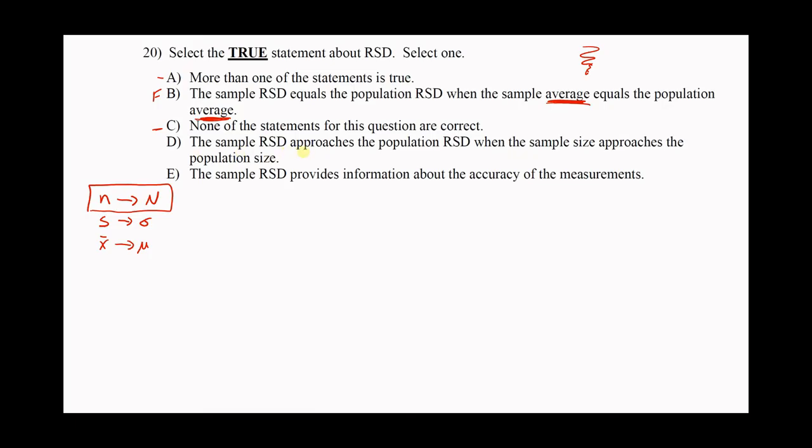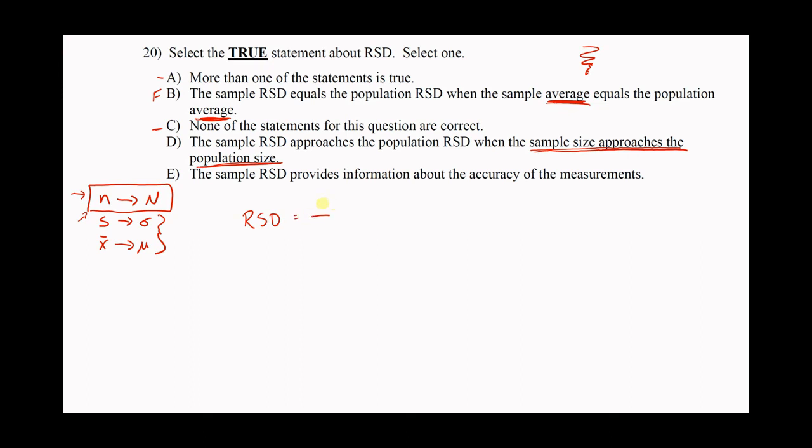D, the sample RSD approaches the population RSD when the sample size approaches the population size. Okay, this is what we've denoted here, right? This is the big qualifier, when the sample size approaches the population size. However, look, we don't talk about RSD here. We don't talk about it at all. So what do you need to think about? Well, what is RSD, right?